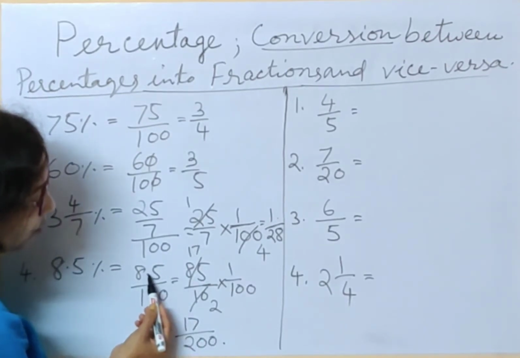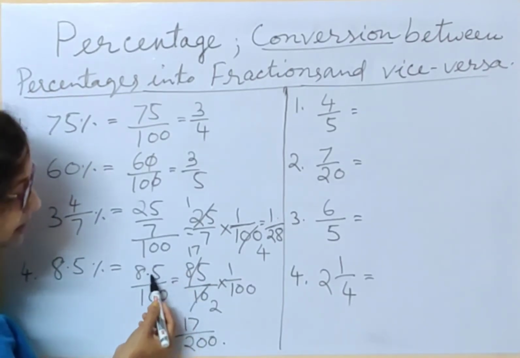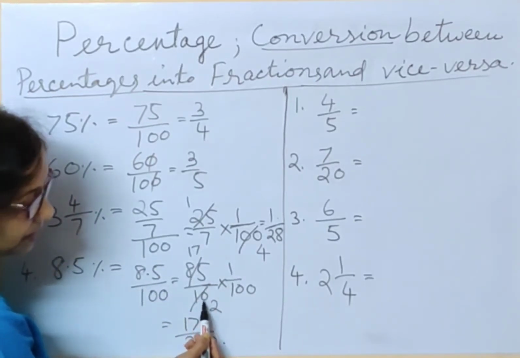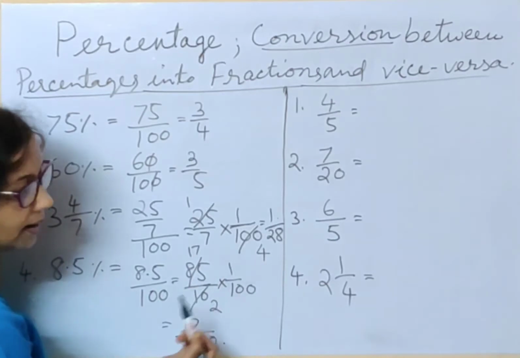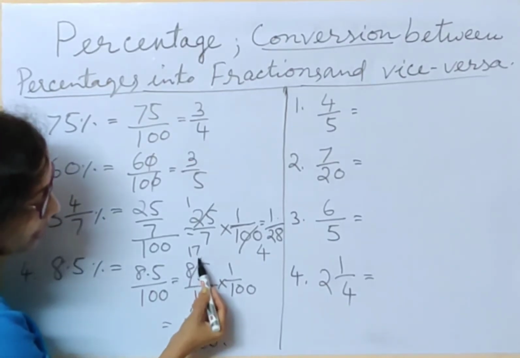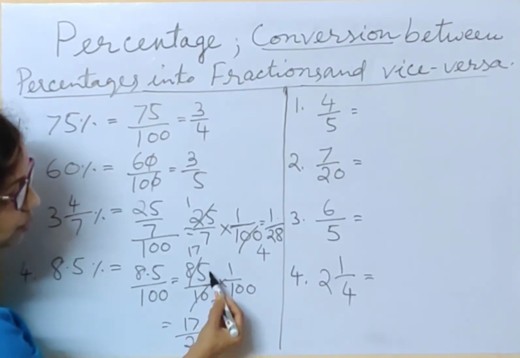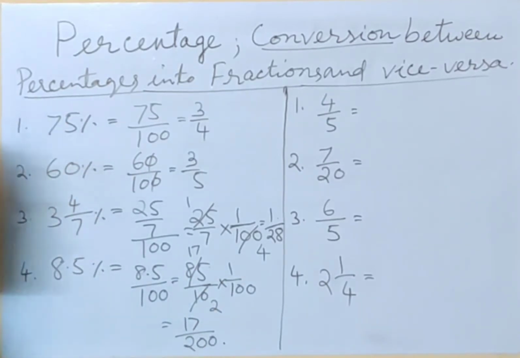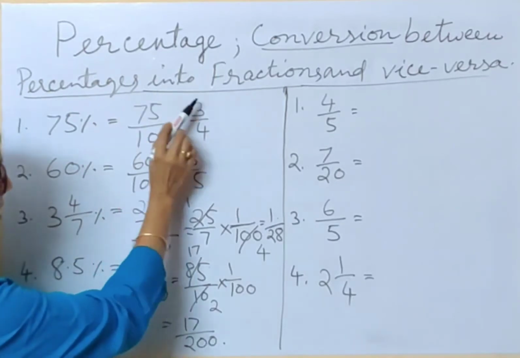Next we removed the decimal place from the numerator: 85 by 10 into 1 by 100. Then we divided the numerator and denominator and got 17 by 200. So this is how we convert percentages into fractions.